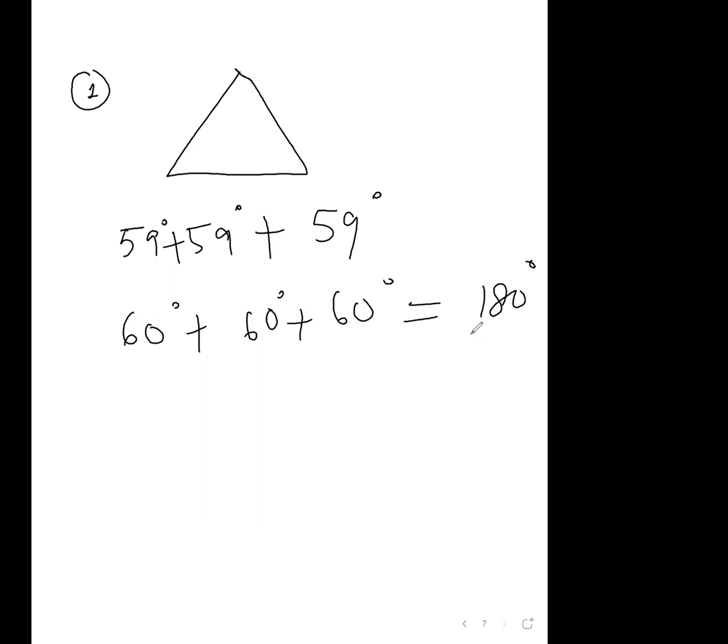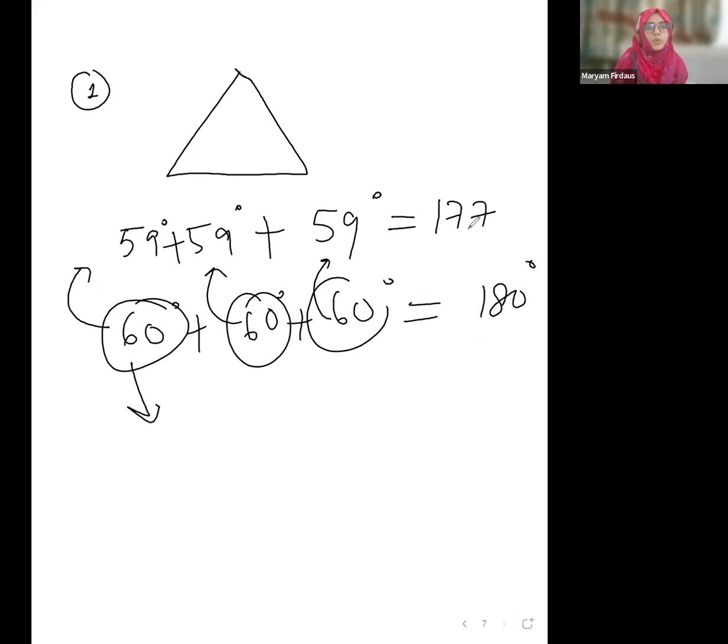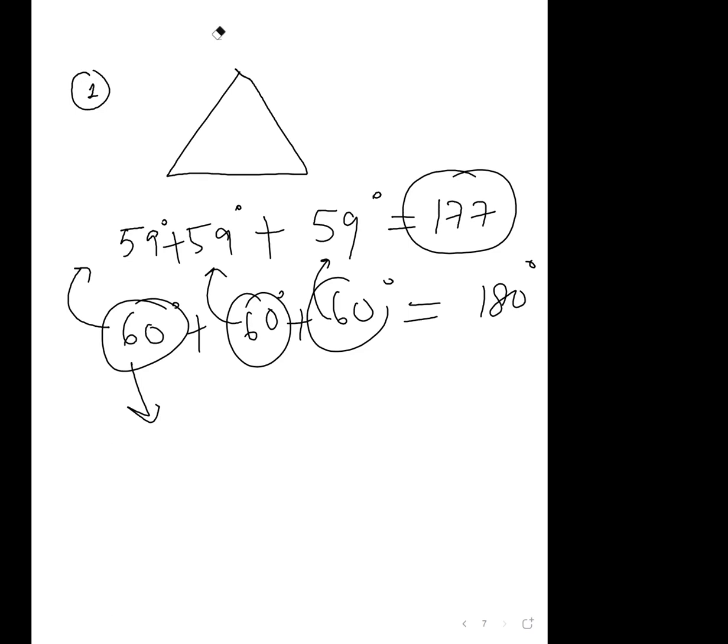Yeah, it will be less than 180. In fact, it will be 177, right? Because from each of them you are taking away 1, 1, 1. So overall, you are taking away 3. So that would be 177. That's obviously less than 180. So no, you cannot have a triangle in which all three of the angles are less than 60. At least one should be greater than 60. Got it? Okay.